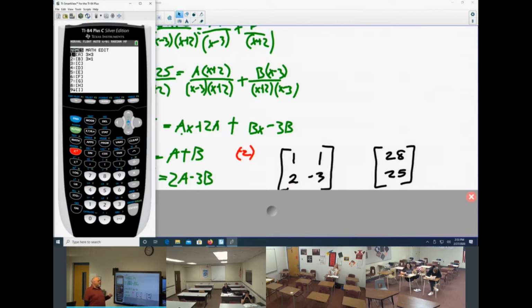So what I'm going to do is edit each of these matrices. So the first one I'm going to call matrix A, and so I go over here to edit, matrix A, and the first thing you do is you tell it how big it is. So that's the dimensions of it, the rows by the columns. So this one is a 2 by 2. So 2, enter 2. And then you type in the numbers.